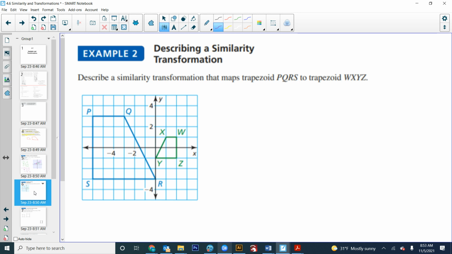Talk to your table partner, and we'll report back here in about 30 seconds. Dilation by how much? Good question.